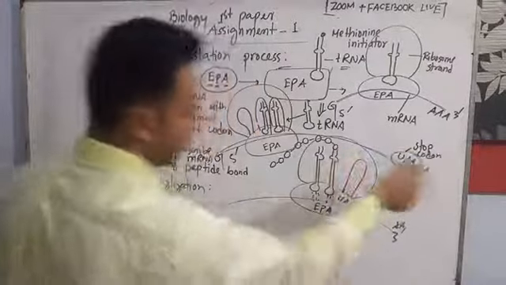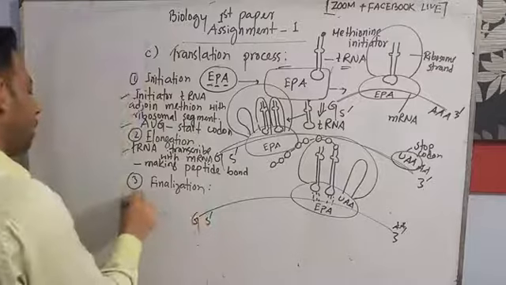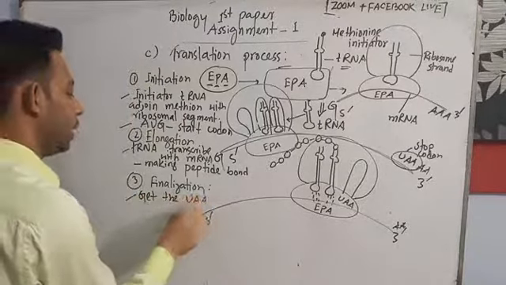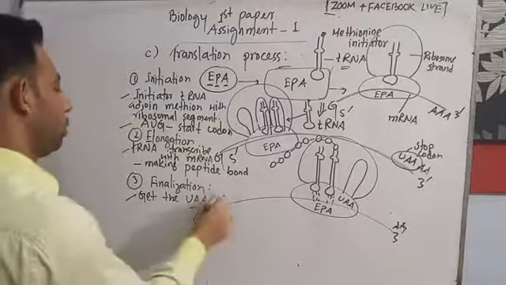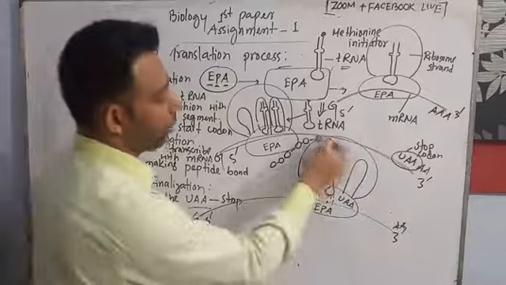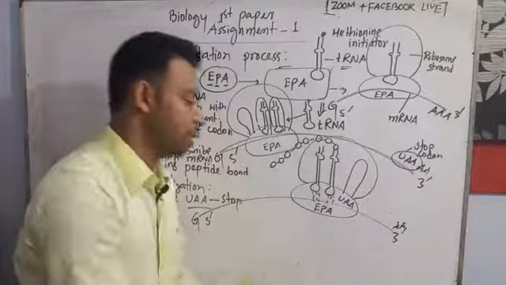Finally we see the UAA, when this transcription part gets the UAA stop codon, that means for a long time it has been transcribed, and many peptide bonds, a polypeptide chain, is connecting with the tRNA and mRNA sequence.